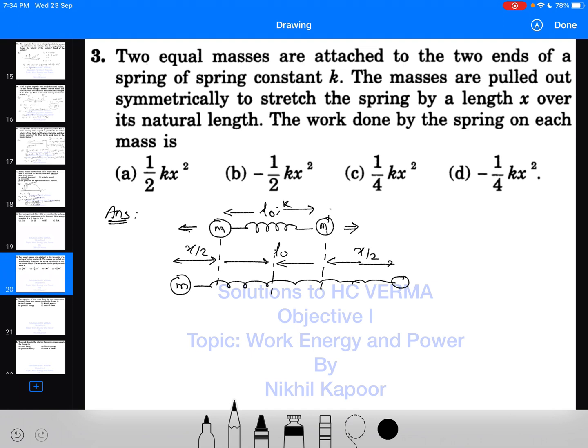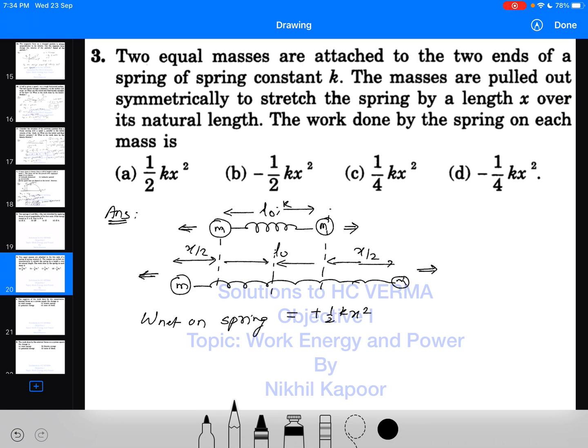Now what is the work done on the spring? So here the net work done on the spring will be positive half kx square, because on stretching external force is being applied in this direction, and the spring is also stretched in this direction. But work done by the spring on each mass.